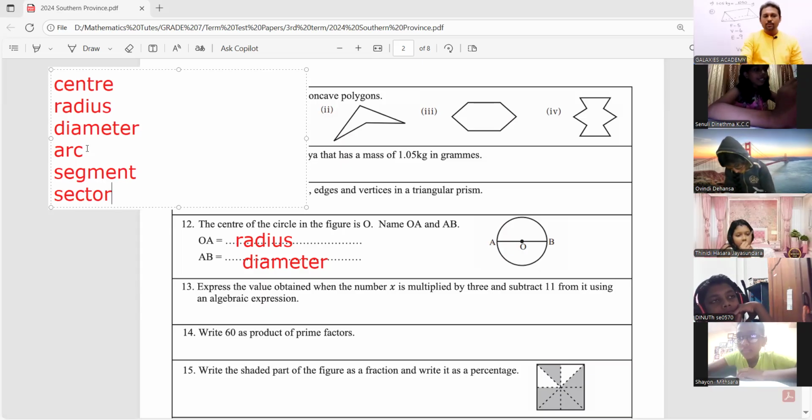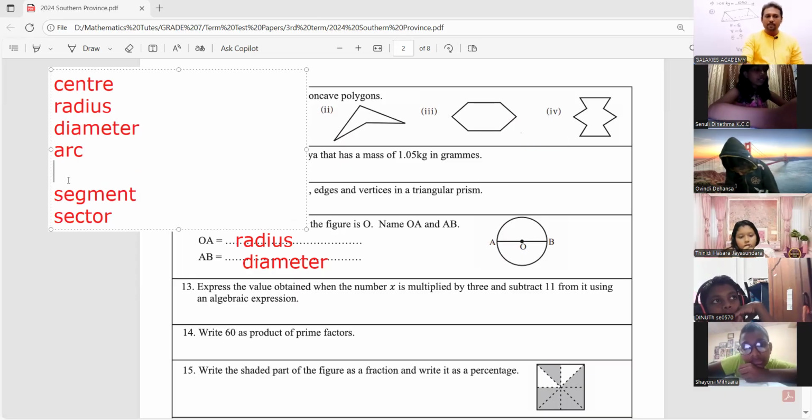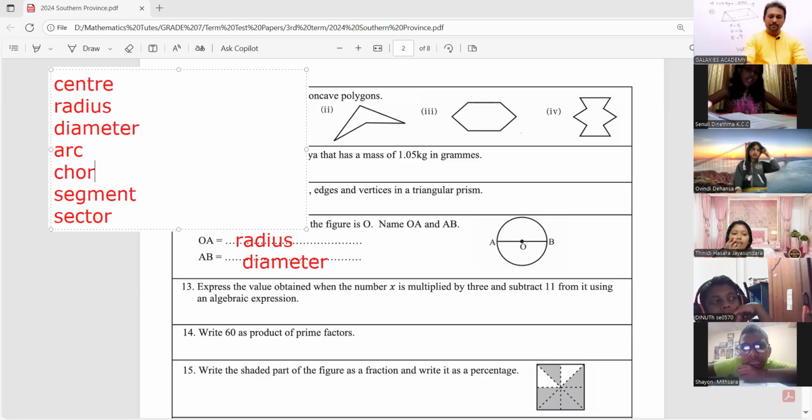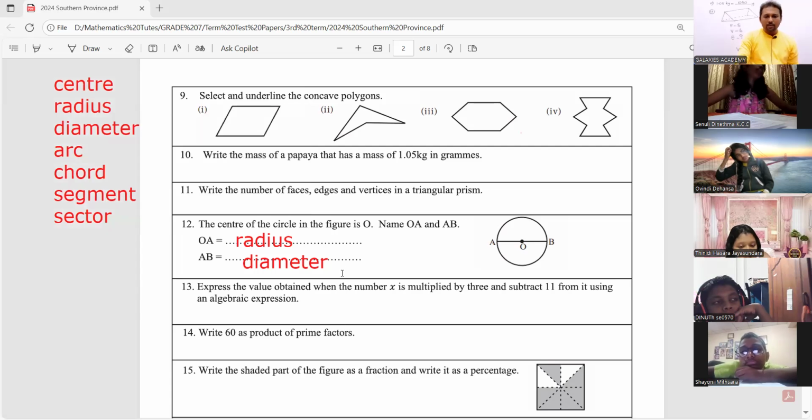Right, then also you studied another part. What is it? Chord. These are the parts you studied in this grade under the circles, right? Also you revise. Right, now we can go to the next question.